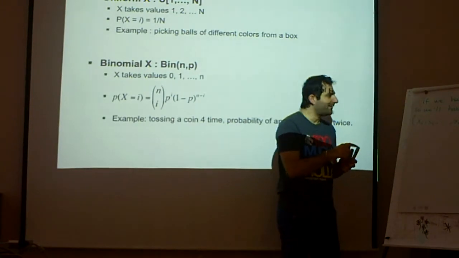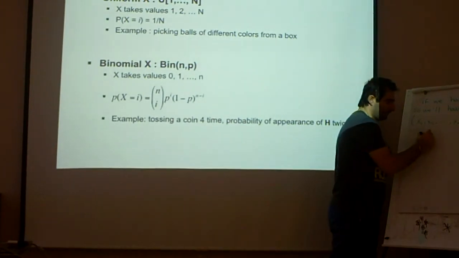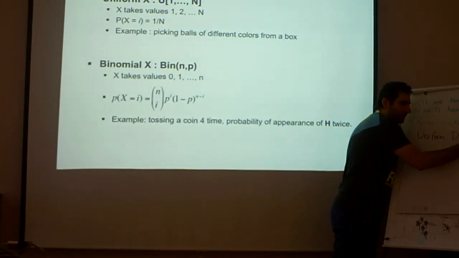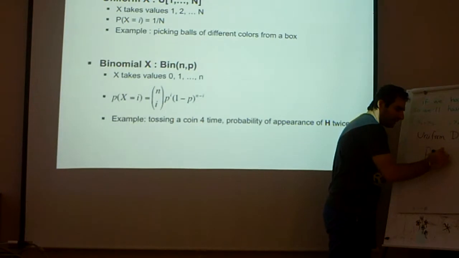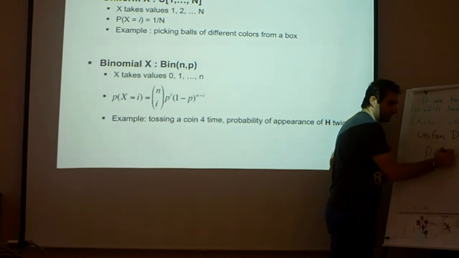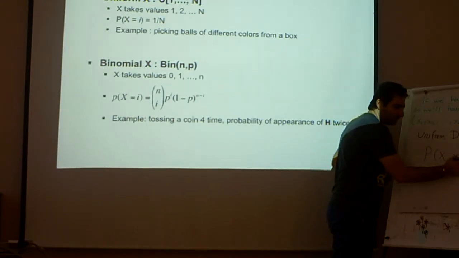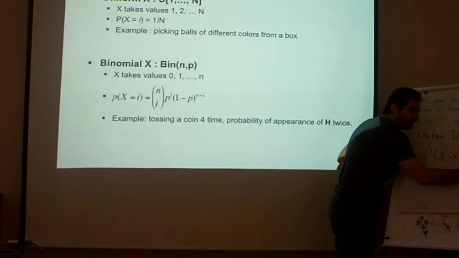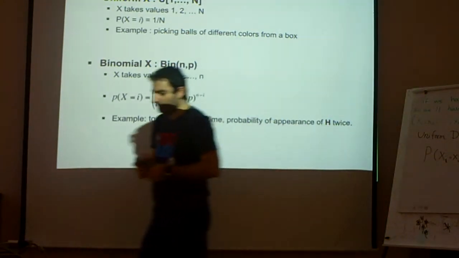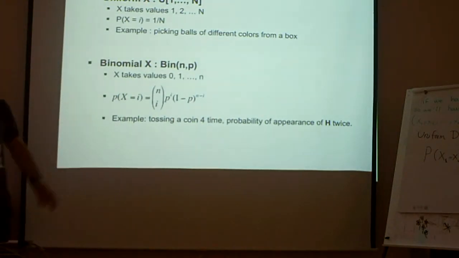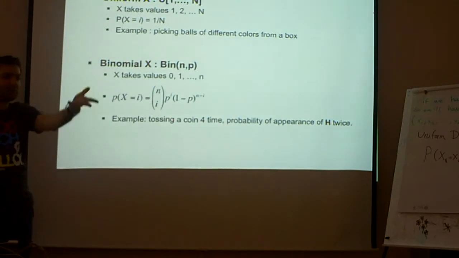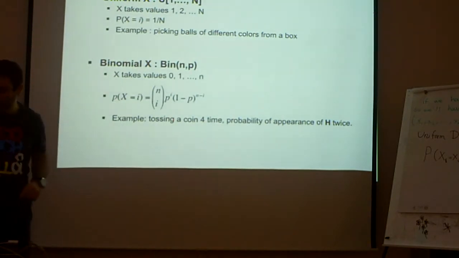If we have a uniform distribution, this means that the probability of xi, equal to one of these values from 1 to n, is 1/n. As an example, the coin. As an example, the die. So the probability is 1/n.